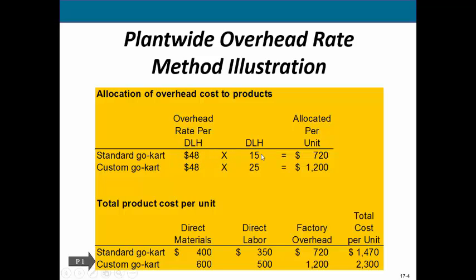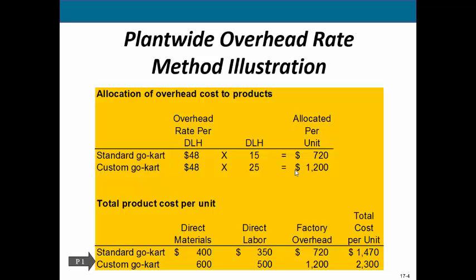So 48 multiplied by 15 direct labor hours tells us that we will allocate $720 of total overhead to each standard go-kart. And then we do the same thing for our custom go-karts. We're using 25 direct labor hours rather than 15. And so then for every custom go-kart, we will allocate $1,200.